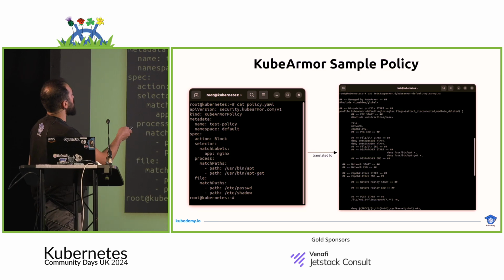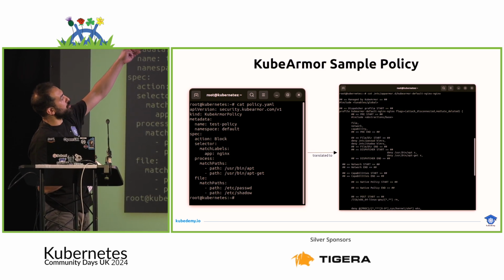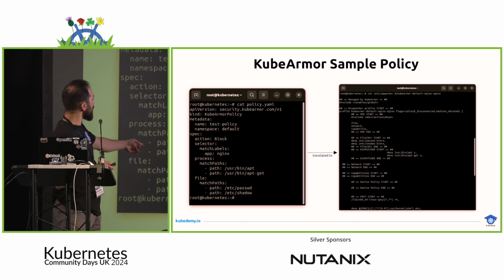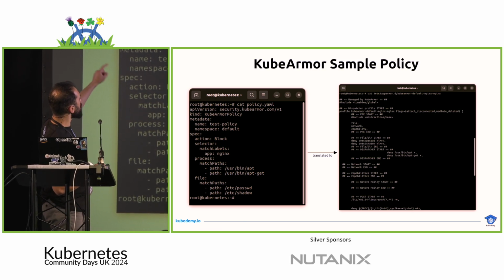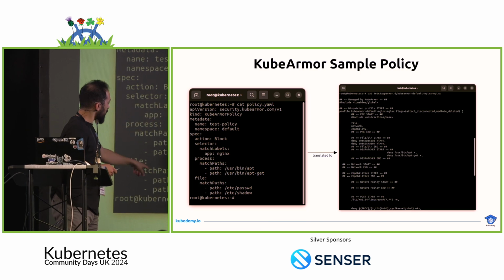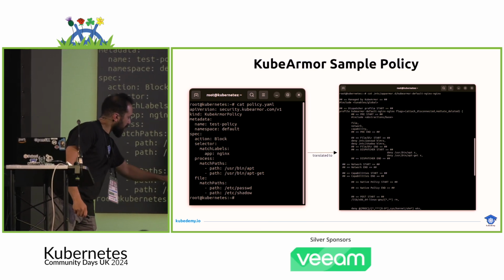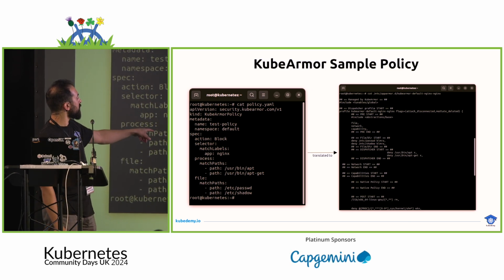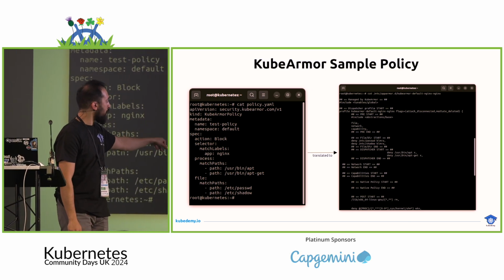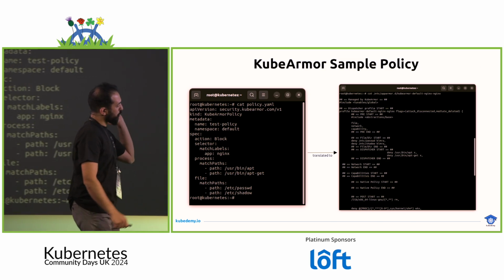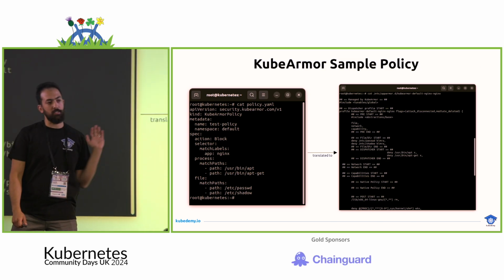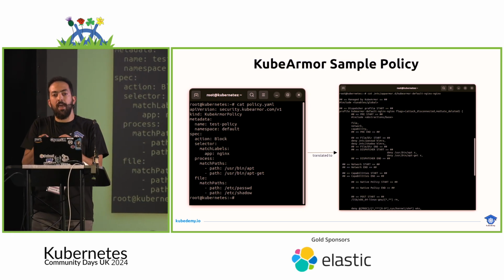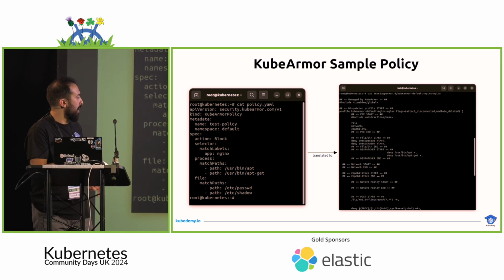And this is another example. If you want to use the KubeArmor policy, we have to define something like this. I define a policy to block access to these files, the passwd and shadow file, and prevent the container to execute apt command and apt-get command, and it's automatically translated to this profile and gets applied, and it mutates your container.